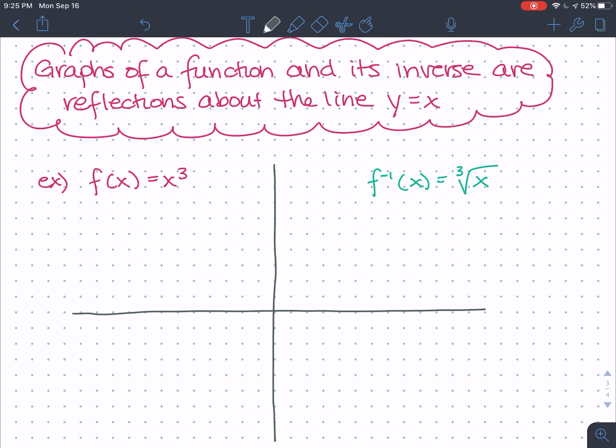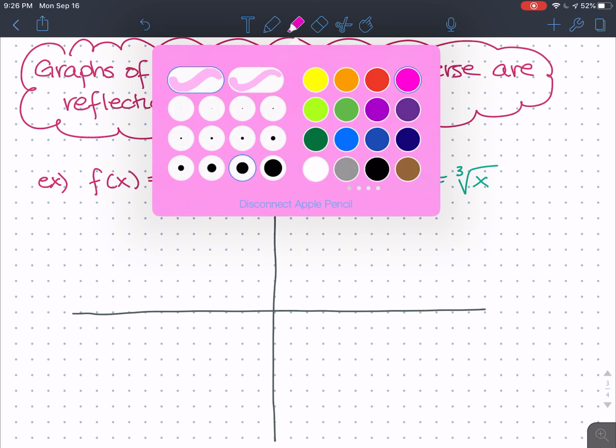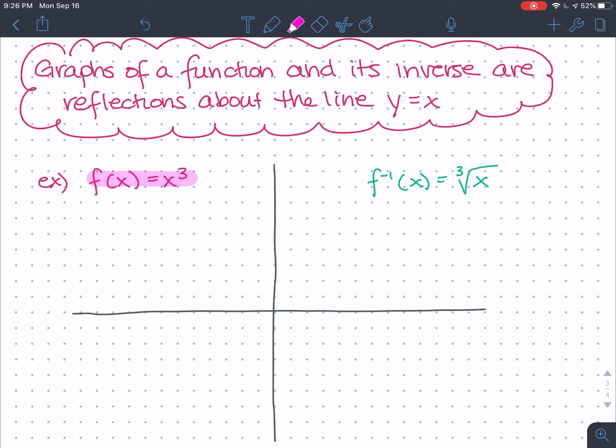All right, so let's first look at this one right here. Remember the points, you should be familiar with that parent function. 0 cubed is 0, 1 cubed is 1, and 2 cubed is 8. So 1, 1 and 2, 8 are on the graph.